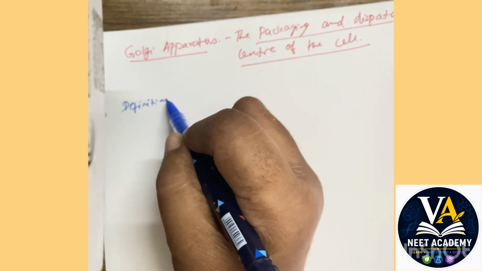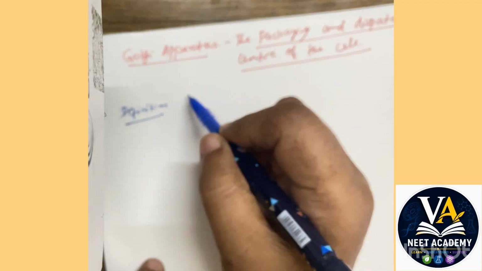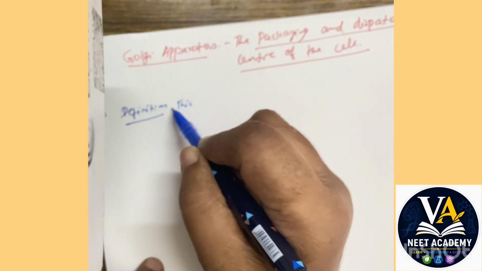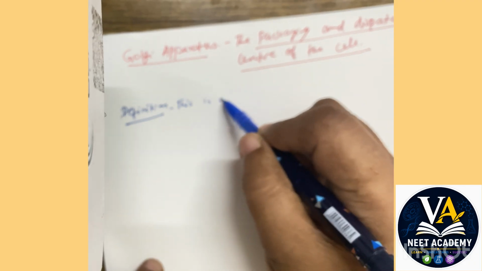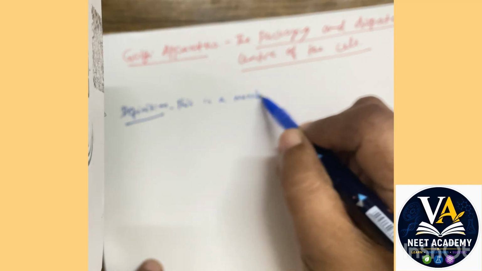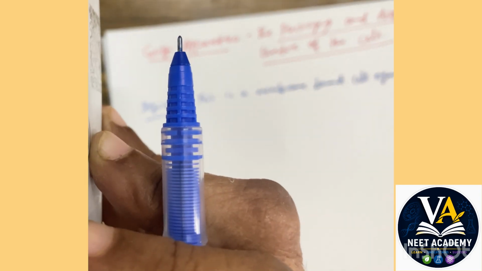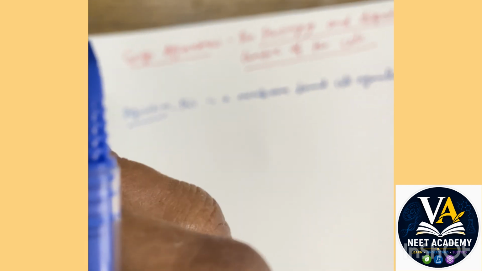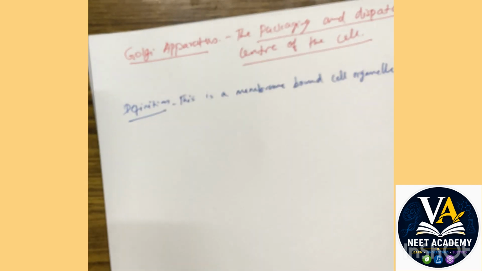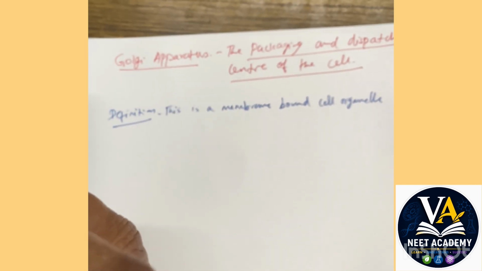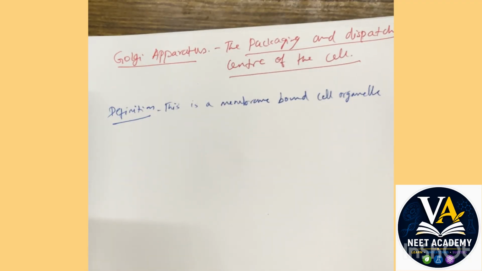Definition of Golgi apparatus. Okay, now this is a membrane bound cell organelle. Let me fix it so that it's clear for you.